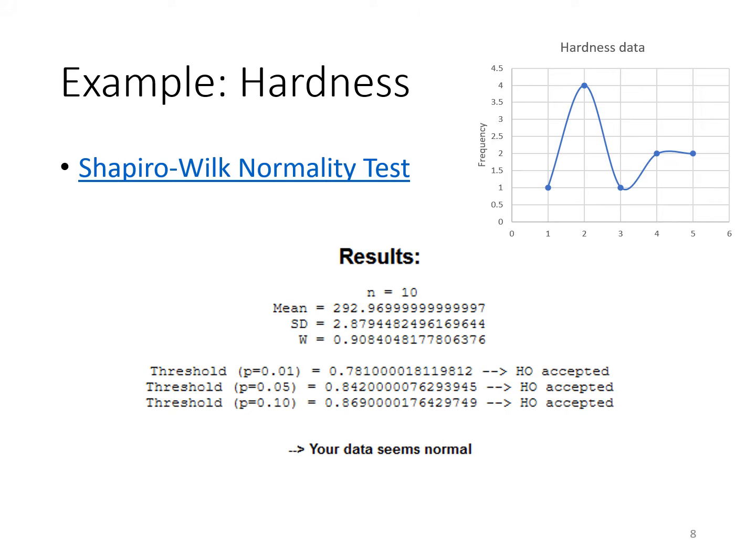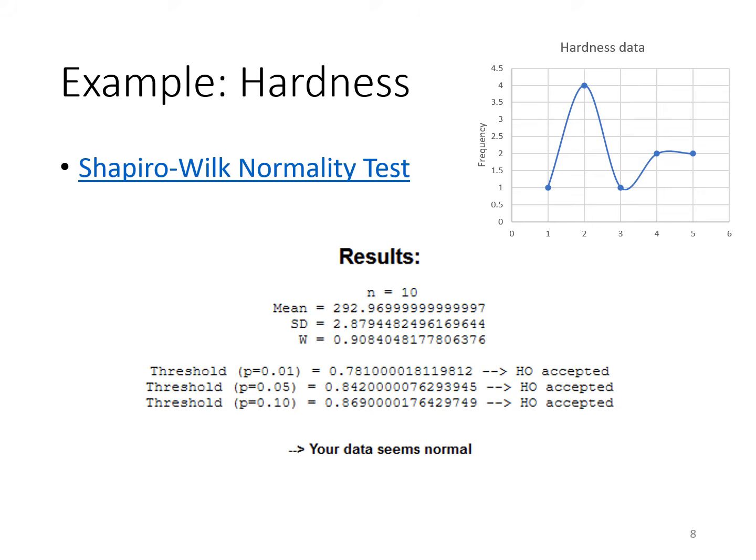We can also run a statistical test. One of the most common statistical tests to test for normality is the Shapiro-Wilk normality test. I won't go into details here, but I've provided in the notes the link to this online test and the results.